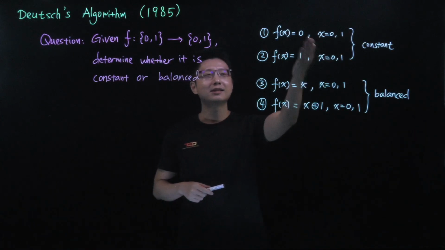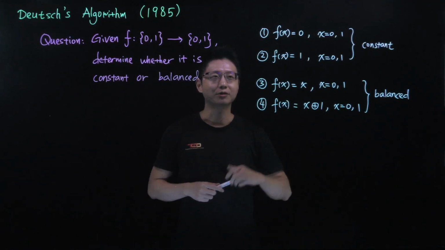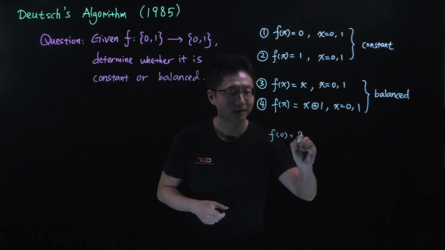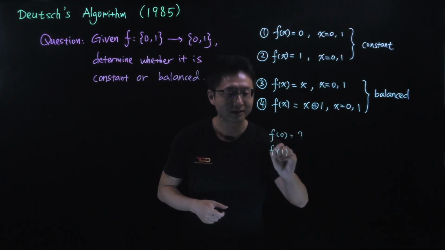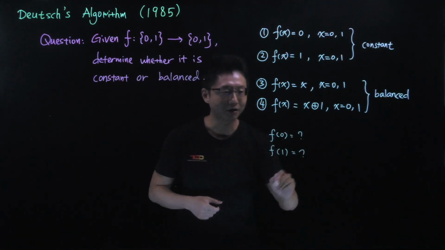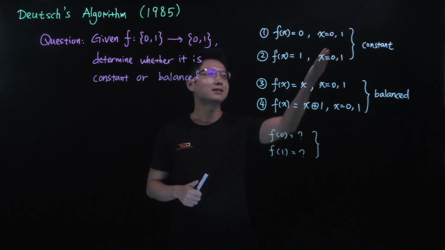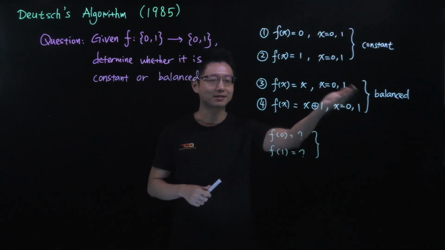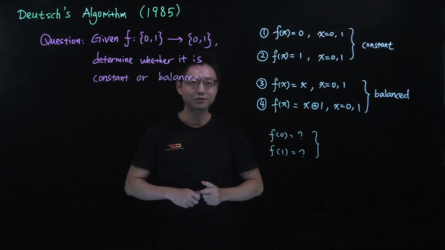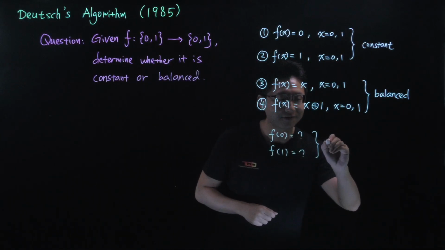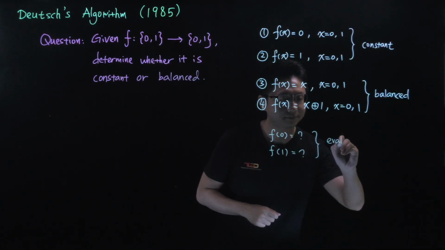I just have to put in the input of 0 and check what is the output, and I put in the input as 1 and check what is the output. Then I compare these 2 values. If they are the same, then this is the constant function. If they are different, that's a balanced function. That's true. However, you see that what you need to do is evaluate this function twice.